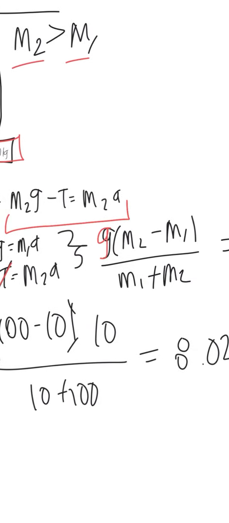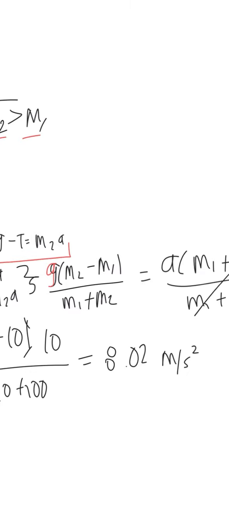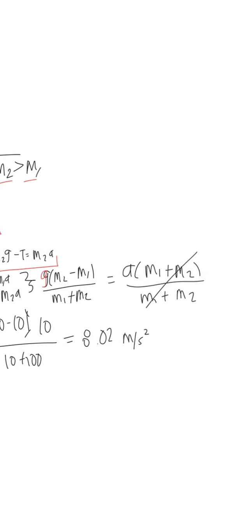we can take out also the common factor gravity, and we'll have gravity times (M2 minus M1) over (M1 plus M2). And here we take out the common acceleration, and then we can divide both sides by M1 plus M2.